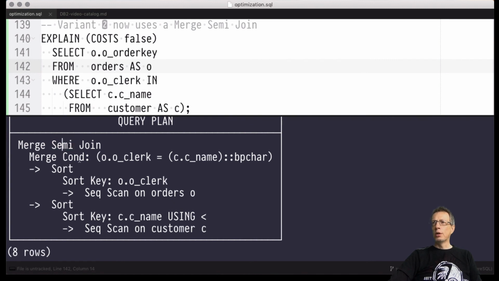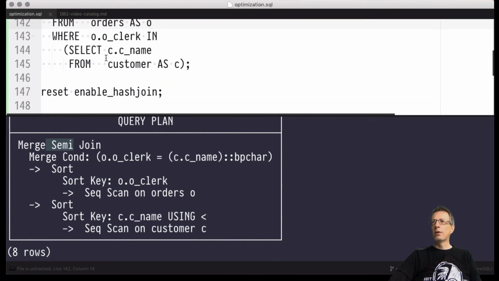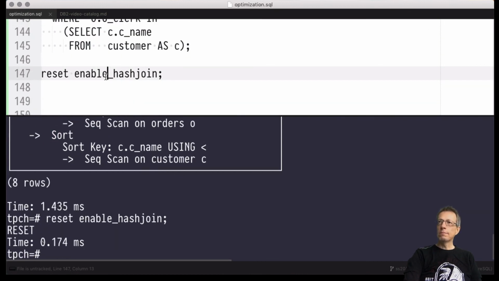Now that we are using merge join, all of the inputs have to be present in the correct row order. All of this is being taken care of, but in particular, the semi-join conserves the semantics of the query after we have performed unnesting. All right, let's switch on hash join again.